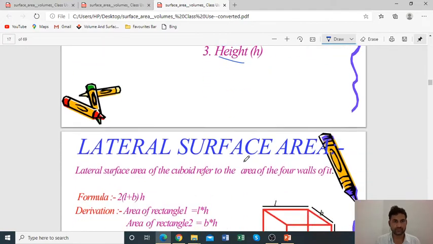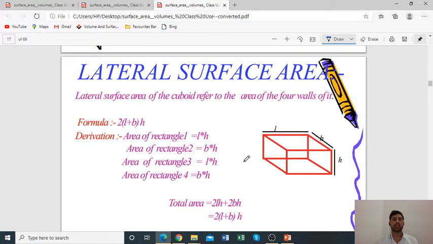First, the lateral surface area of a cuboid. The lateral surface area of a cuboid refers to the area of its four walls. It does not include the top and bottom. So the area of rectangle 1 is length multiplied by height. Similarly, the area of rectangle 2 is breadth multiplied by height. The area of rectangle 3 is length multiplied by height, and the area of rectangle 4 is breadth multiplied by height.